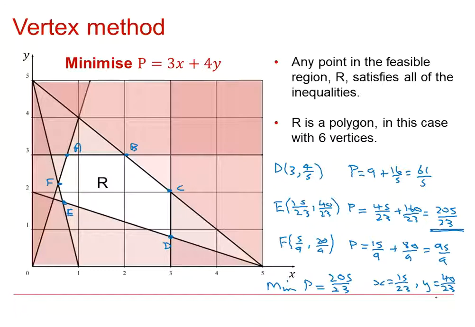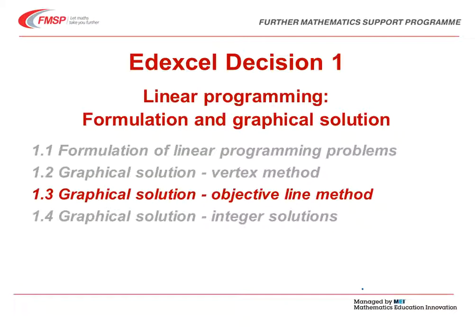It's worth noting here that there's an assumption in this example that x and y do not need to be integer solutions. So this is the non-integer solution to this linear program. In the next session, we'll be solving a graphical solution using the objective line method.